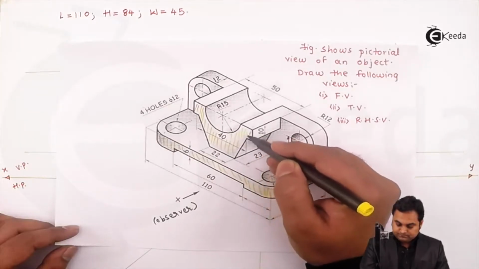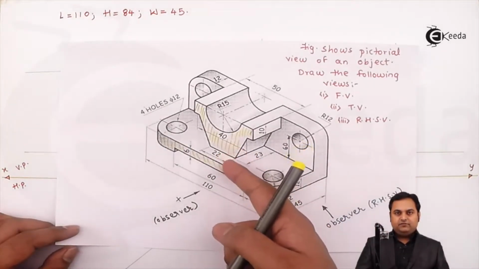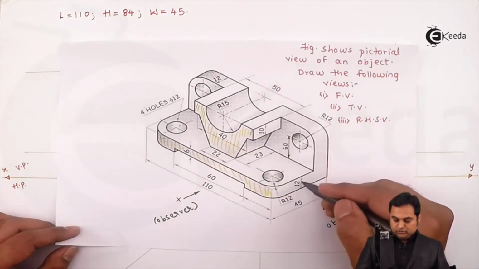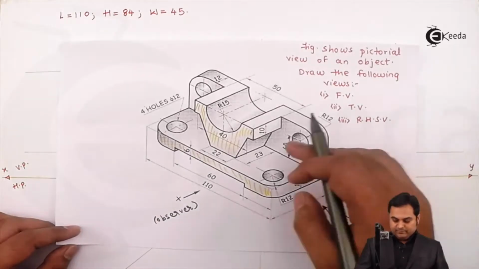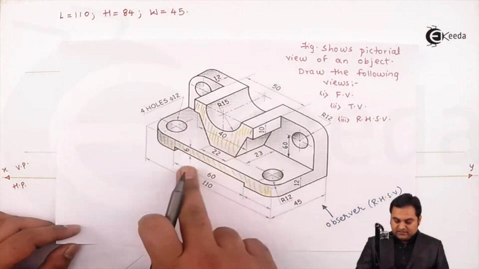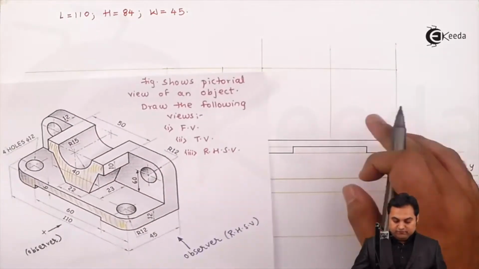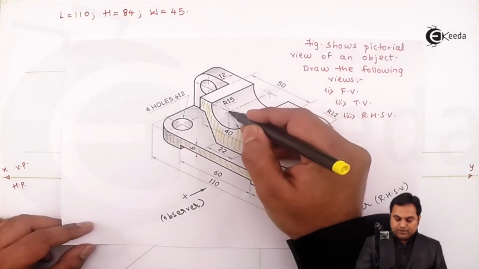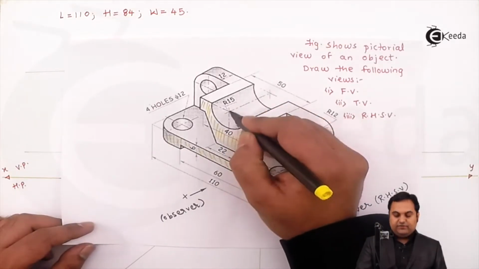This surface is starting from 12 mm, that is after 12 mm this surface is there up to the top, and exactly this I'm going to copy here. For that, if we see here from the top, the radius of this semicircle is 15 mm.